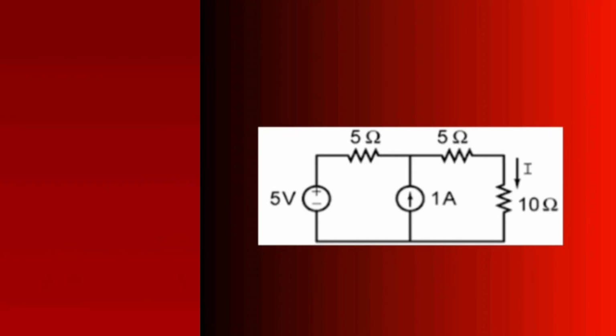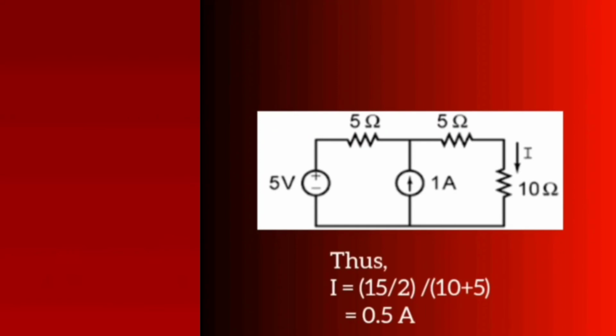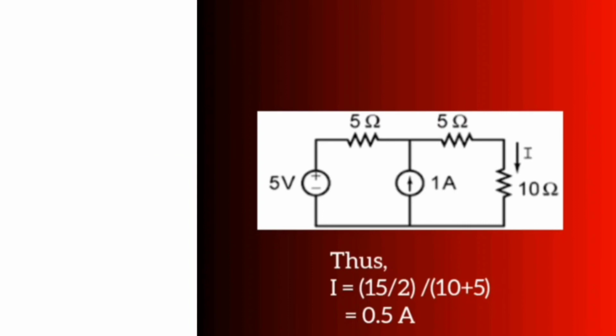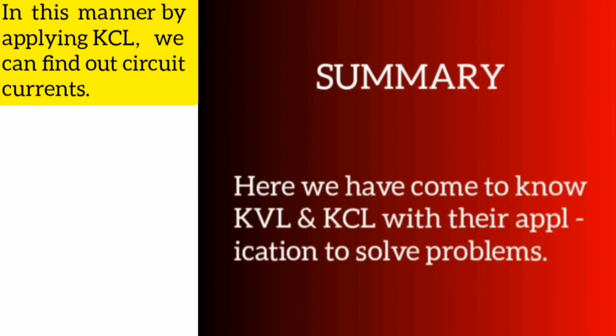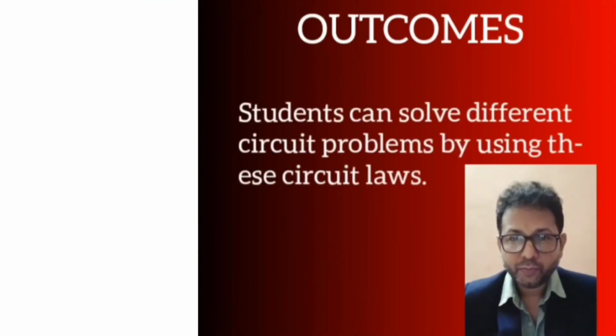The total resistance of this branch is 15. So (15 by 2 minus 0) divided by 15 is 0.5 ampere. In this manner, by applying KCL, we can find circuit currents. Students will be capable of solving different types of circuit problems by using Kirchhoff's laws.